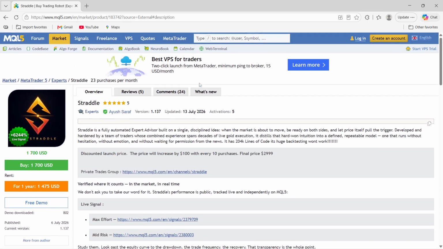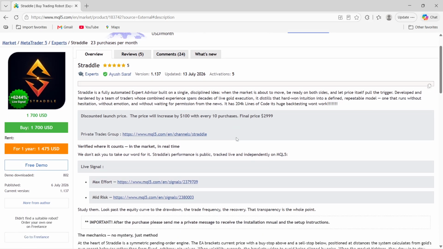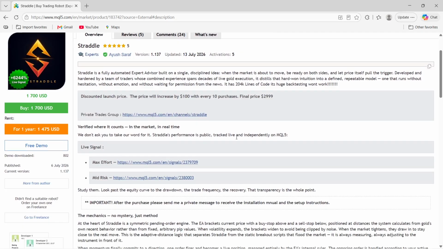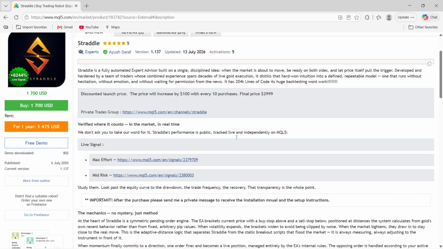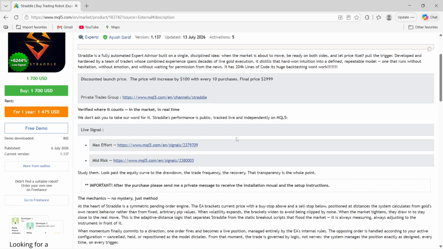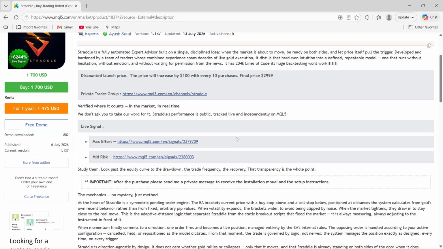As you can see from the MQ5 page, Straddle EA is designed to automatically place pending buy stop and sell stop orders around key news events or price levels. The idea is to capture the strong directional move that often follows big news releases, profiting from the breakout in either direction while the other order gets cancelled.